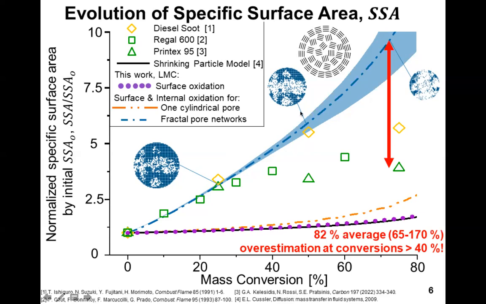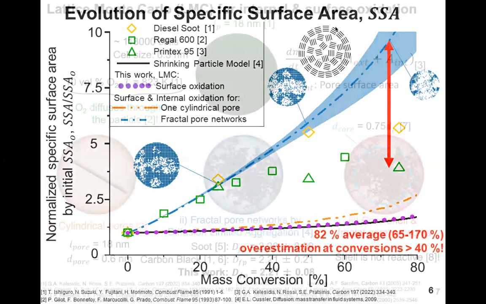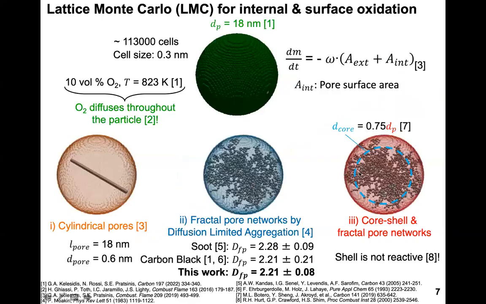This overestimation can be attributed to the graphitic shell of soot and carbon black nanoparticles that is less reactive than its core. To account for this, we also simulated particles containing core shell fractal pore networks. We set the core diameter based on microscopic data from diffusion flame soot. So the shell of these nanoparticles is not affected by internal oxidation.